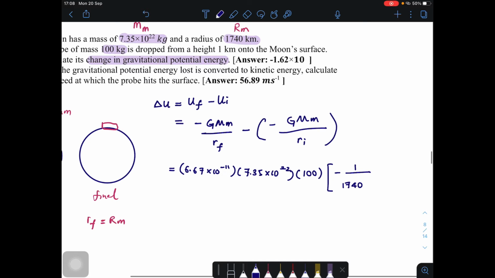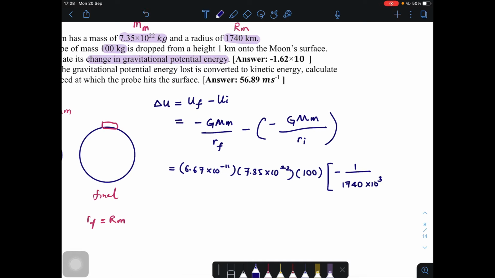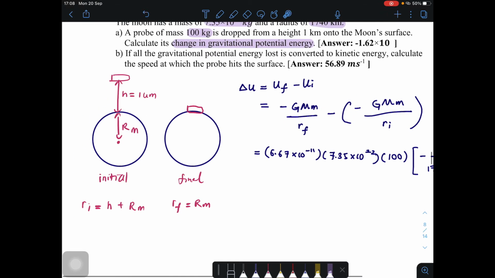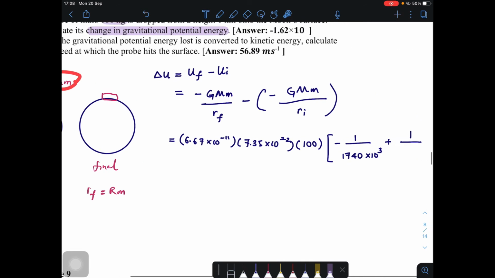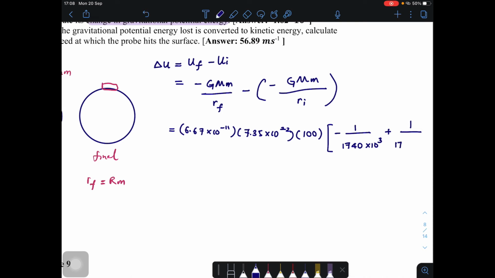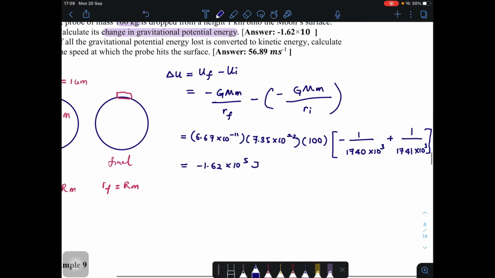So kilometer convert to meter, minus, so tambah 1 over the initial, which is this one. So kena tambah dengan 1 km. So bermaksud 1741 × 10^3. And then tekan calculator, you will get negative 1.62 × 10^5 joule. So this one soalan A.